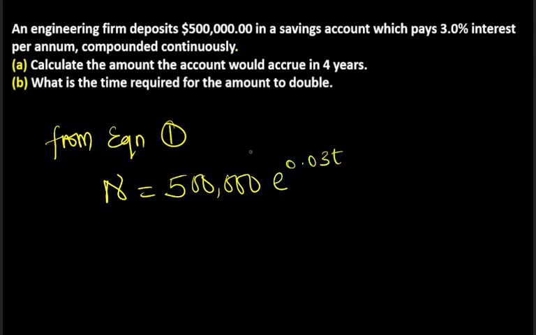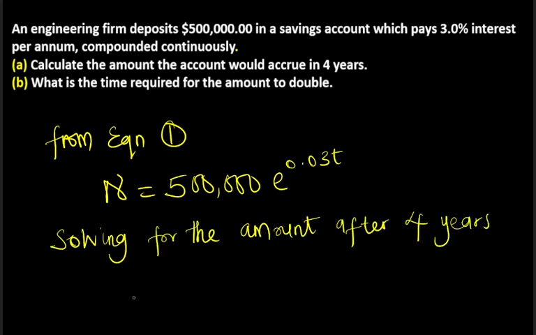0.03t. Now we'll be solving for the amount after 4 years. We are going to substitute the value of t to have our N, which is our amount. That means that our N will be equal to 500,000 exponent 0.03 times 4.